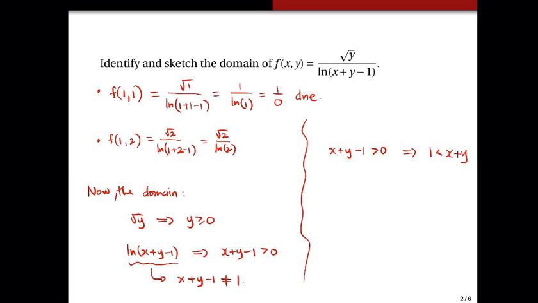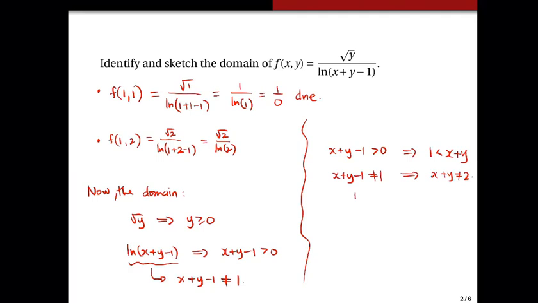Okay? And then for this other condition, we'll just manipulate this. We have x plus y minus 1 not equal to 1. This means we don't want x plus y to be equal to 2.